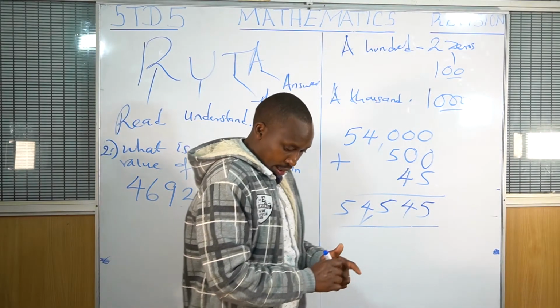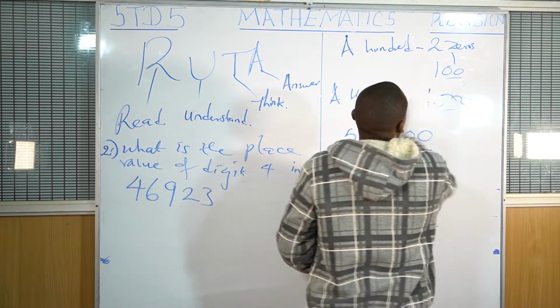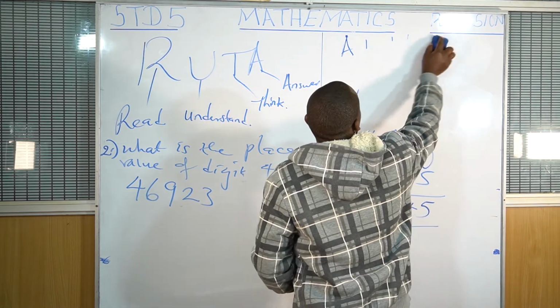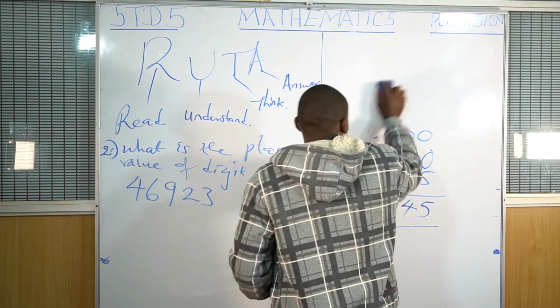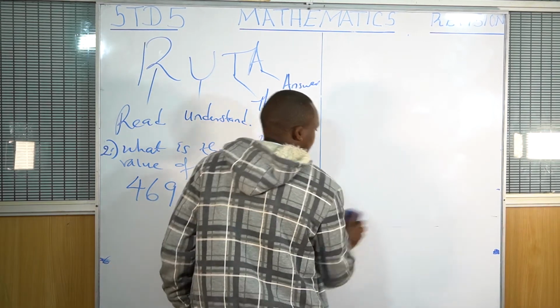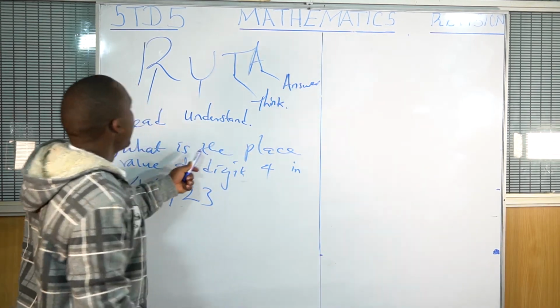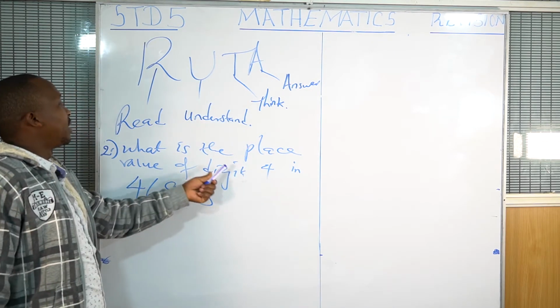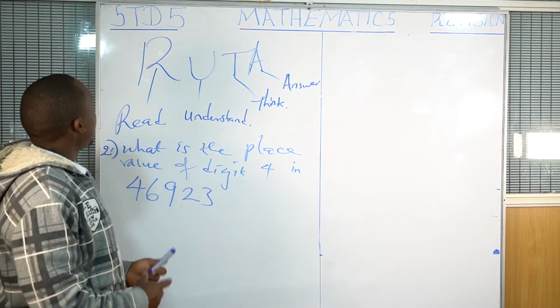Now, you are told to answer this question which you are being asked. Let all of us read: what is the place value of digit 4 in this number?